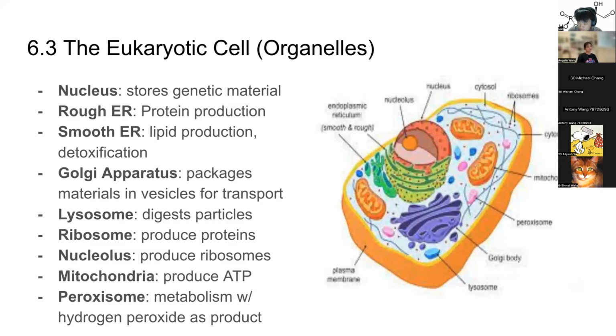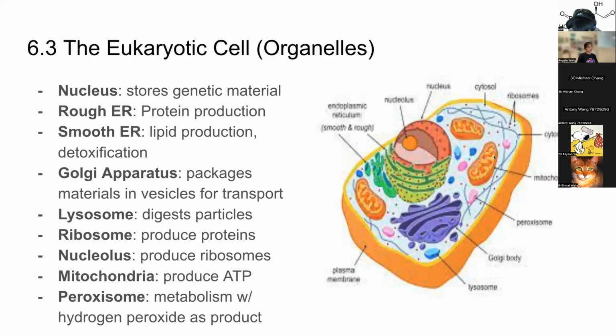So here's a list of all the organelles in the eukaryotic cell. The nucleus stores genetic material, and it's the bright orange sphere in the center. The rough ER has ribosomes on it, which produce proteins. The smooth ER is in charge of lipid production and detoxification. The Golgi apparatus packages materials in vesicles for transport.